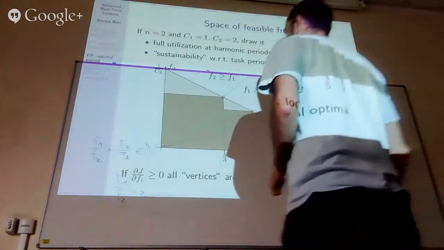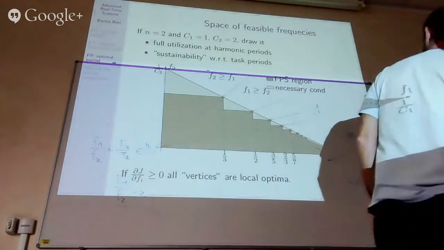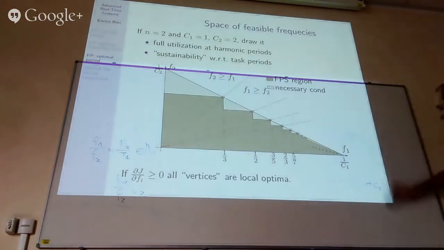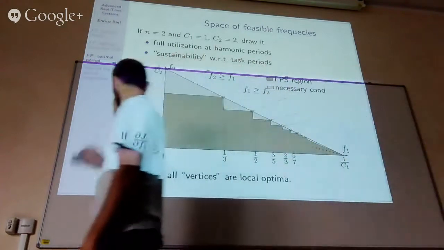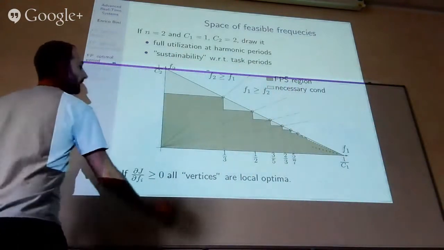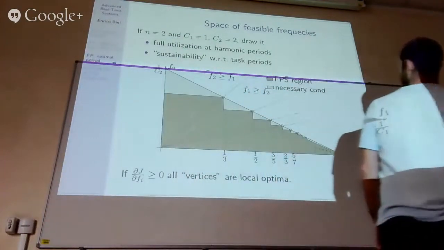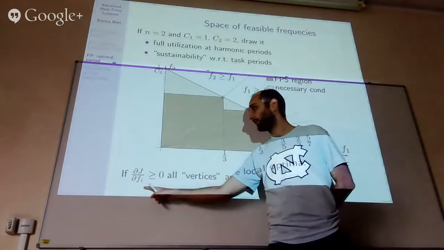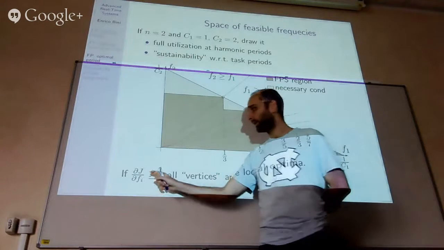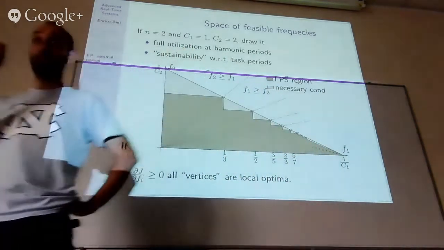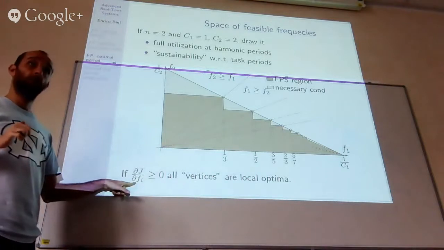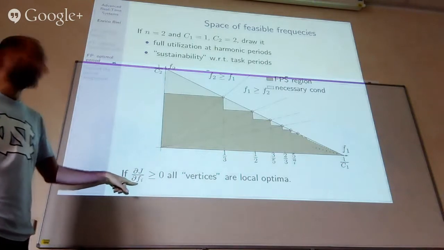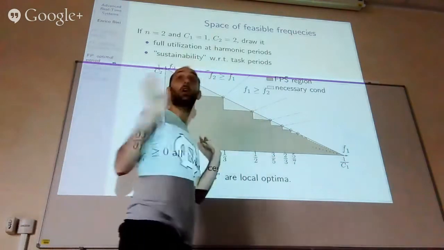So basically we have this situation, which is somehow the same as what I drew. Another interesting observation: if we have this property of increasing performance per frequency, so that the performance is always increasing with respect to any task frequency, then all vertices are local optima.